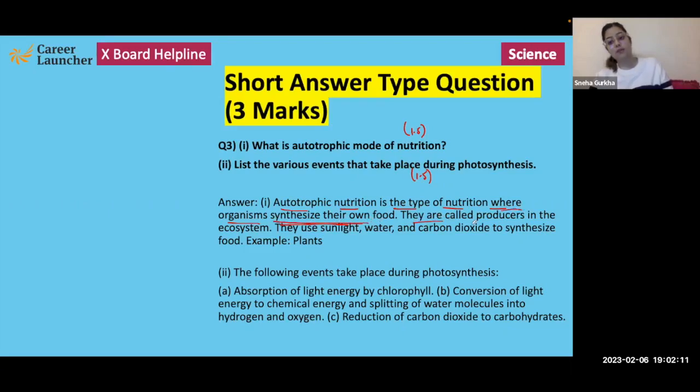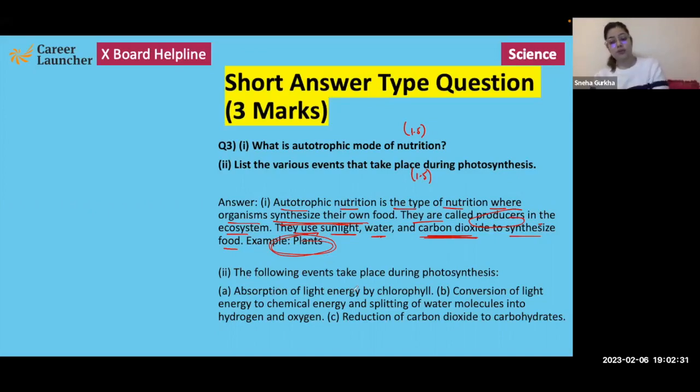They are called producers in the ecosystem. They use sunlight, water, and carbon dioxide to synthesize food. Example, plants, right?